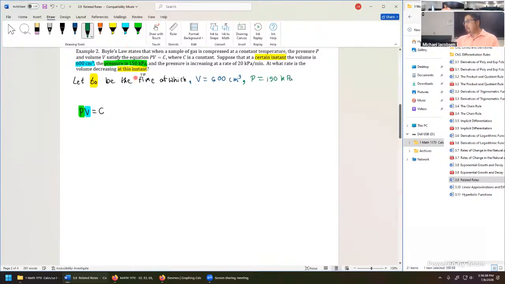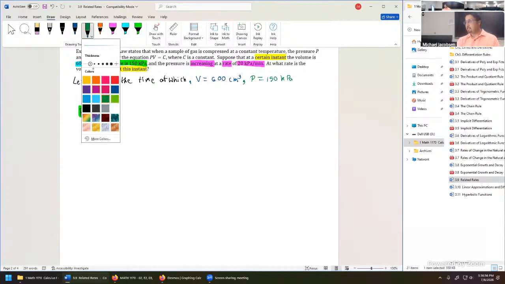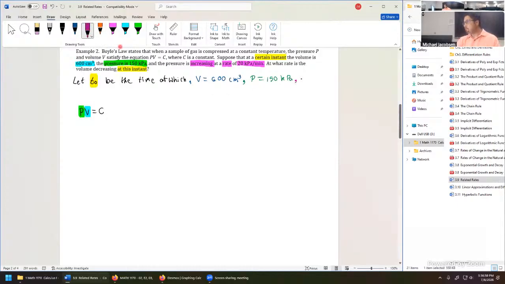kilopascals. And the most important word that's labeled here is right where it says rate. When that word came up, we have a rate of 20 kilopascals per minute. Pressure is increasing at that rate. This information tells us that dP dt, this is at a specific instant of time, so evaluated at time equals T naught, is increasing, so it's positive, so we don't have to put a negative sign.